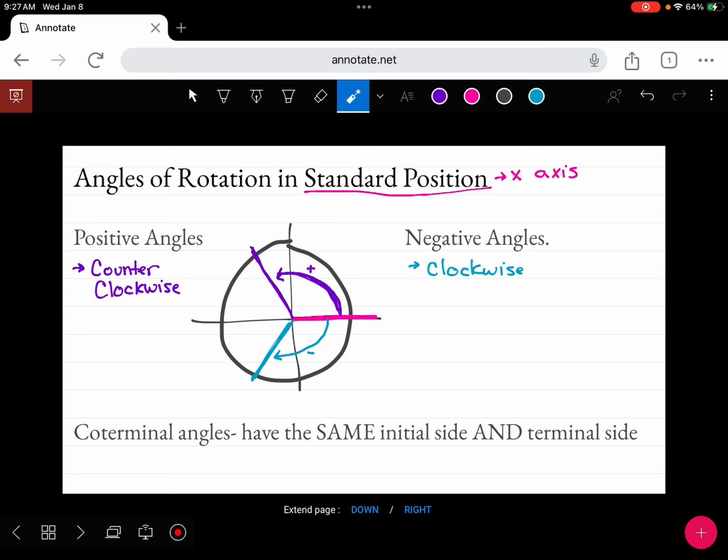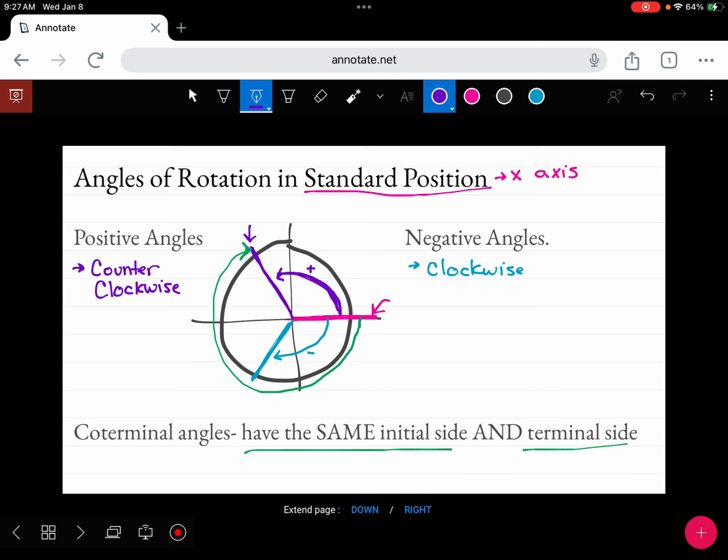And then we're going to talk about something called a coterminal angle. And all that means is that they wind up at the same spot. So instead of me having two separate angles, if I was looking for a coterminal angle, I could start down here and come all the way up to the other side of this purple line, and they would be coterminal angles. They have the same start side, same initial side, pink, and the same terminal side, the same side where they end. So this is our initial side.